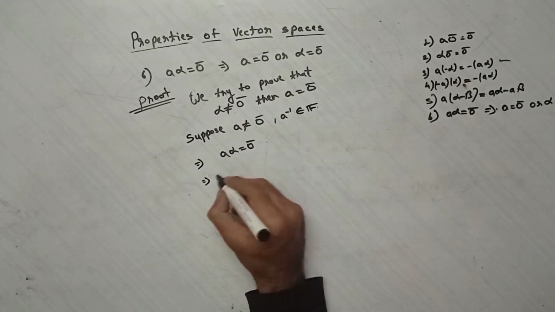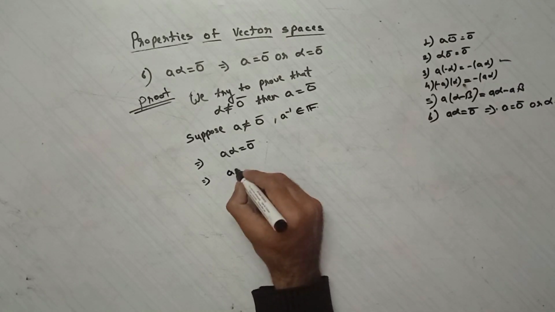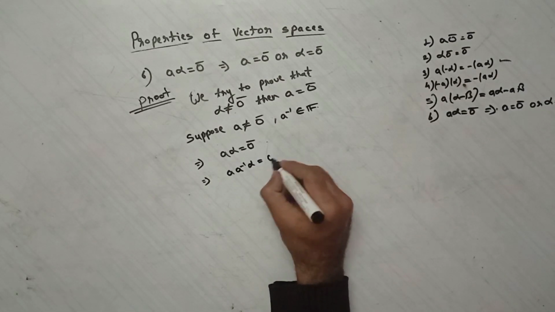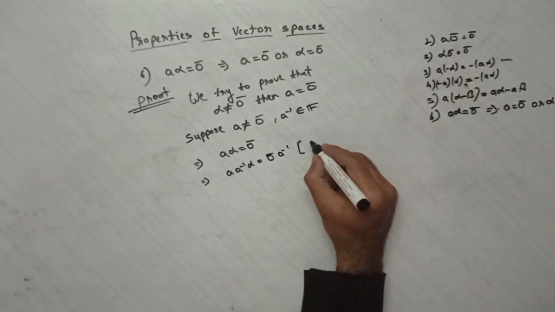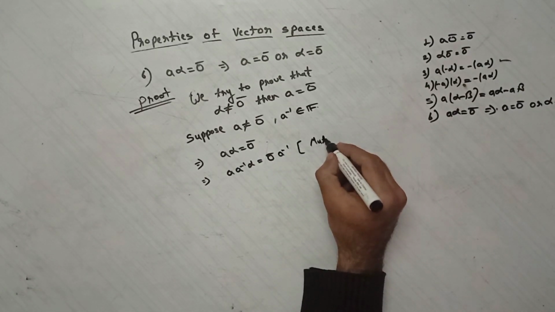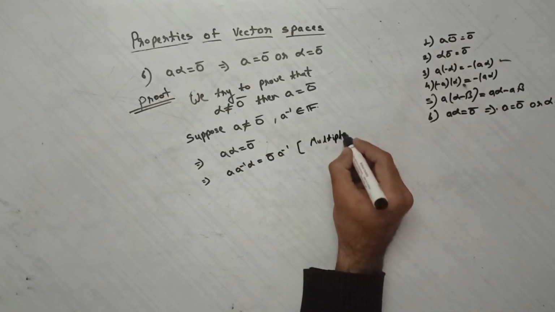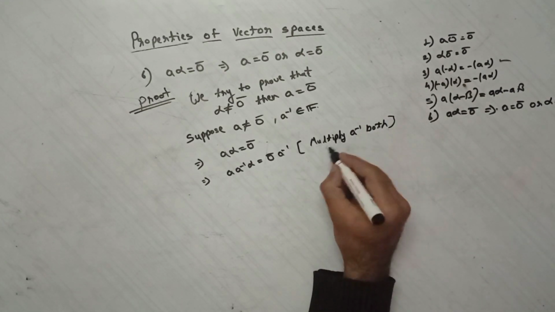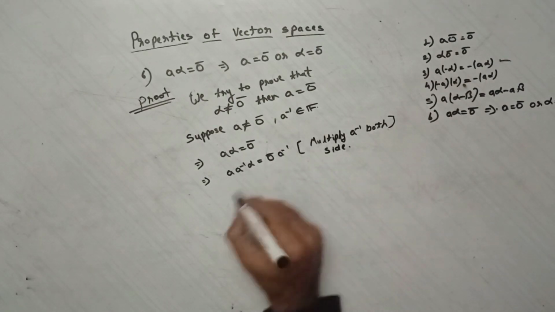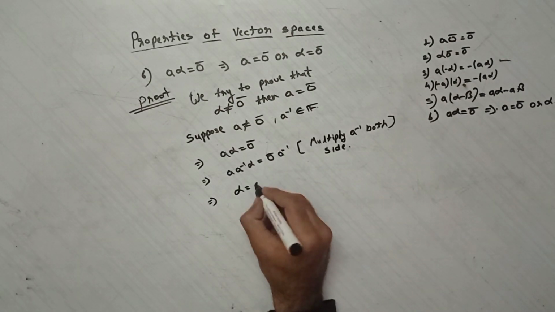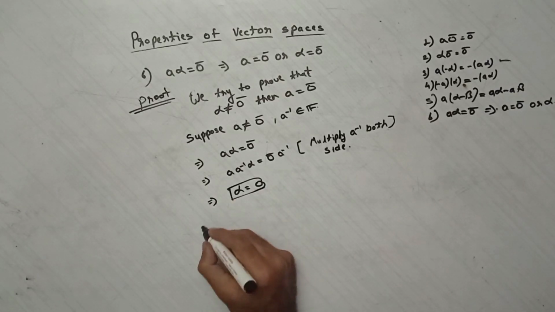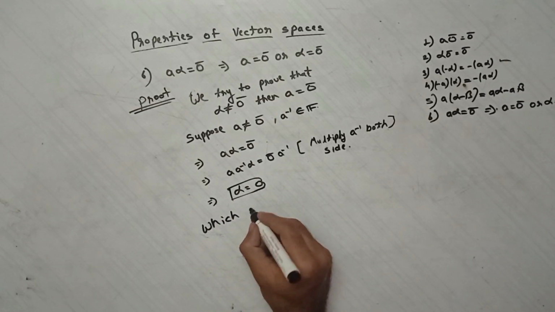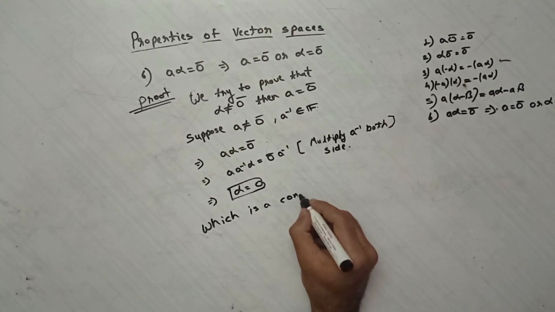Multiplying both sides with a inverse, we get a inverse a alpha equals 0 vector, so alpha equals 0, which is a contradiction.